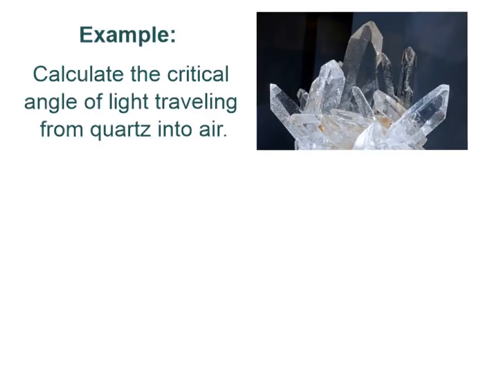So let's try an example together. Let's calculate the critical angle of light traveling from quartz into air. First, let's write down what we know. When we look on our chart for indices of refraction, we can see that quartz is 1.46, and we know it is going to be the index of refraction of our first medium, n sub i. The index of refraction for our second medium is going to be that for air, which is 1.00.